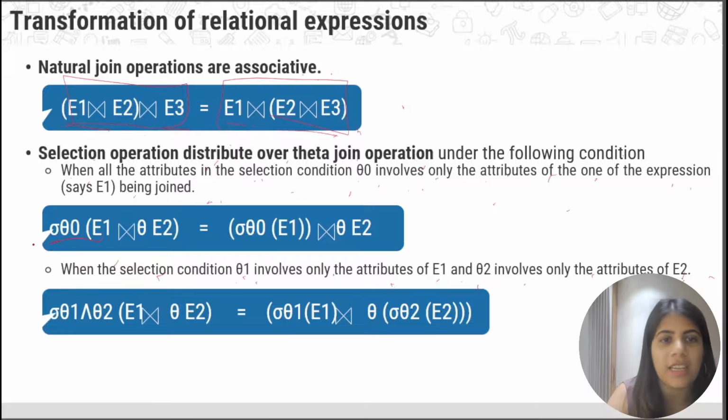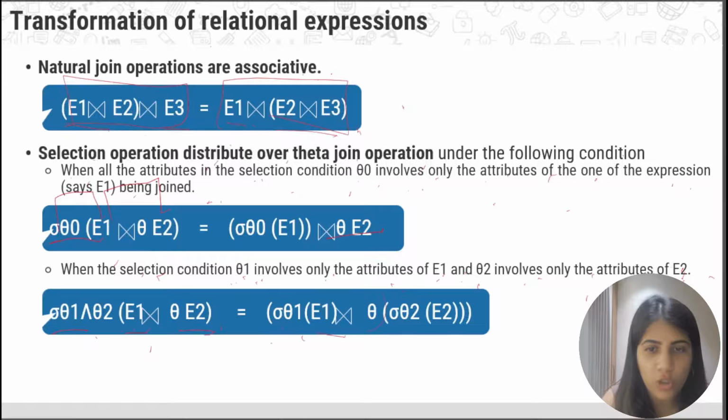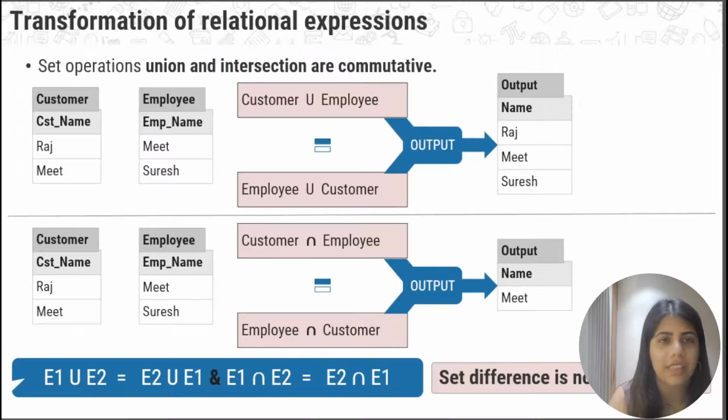So when the selection condition theta 1 involves only the attributes of E1 and theta 2 involves only the attributes of E2, which means the expression 2, in this case we can say that theta 1 and theta 2 with expression 1 and expression 2 can be joined, and this is exactly equal to select operator with theta 1 on expression 1 joined with theta, and over here we can put theta 2 with the expression 2. This will be more easily understandable with an example.